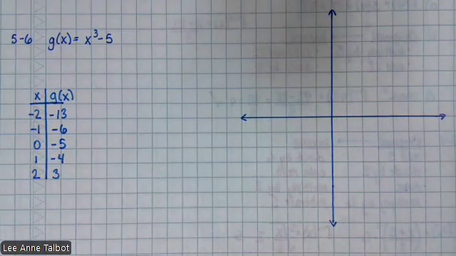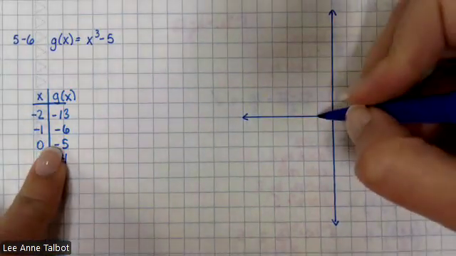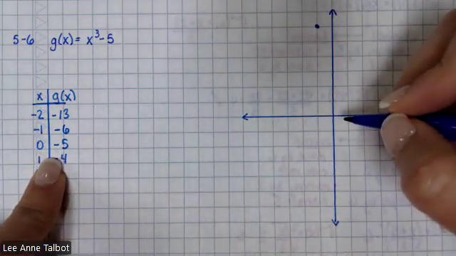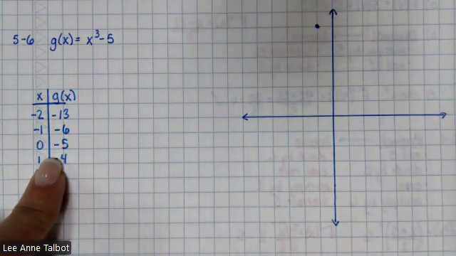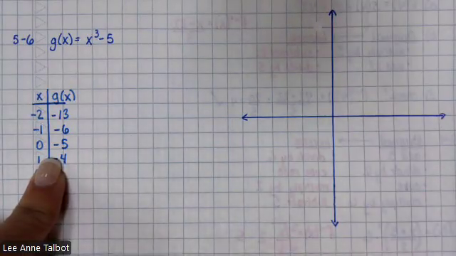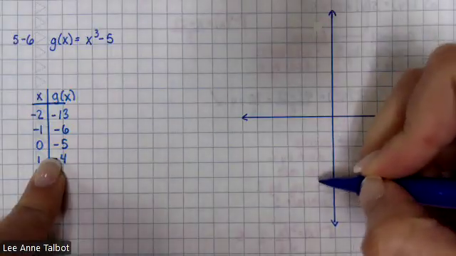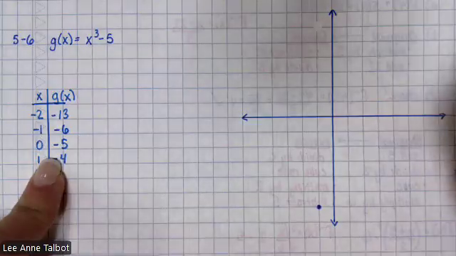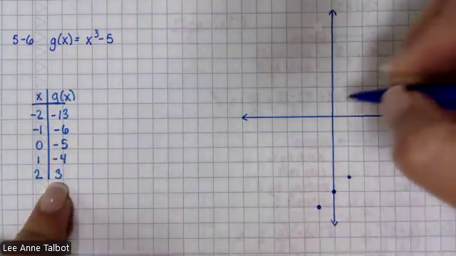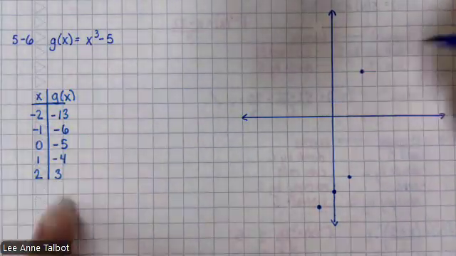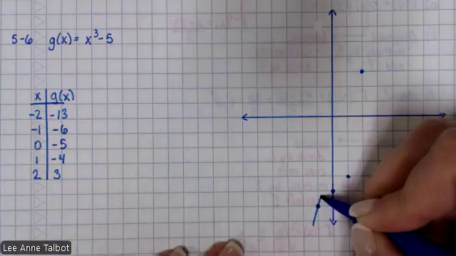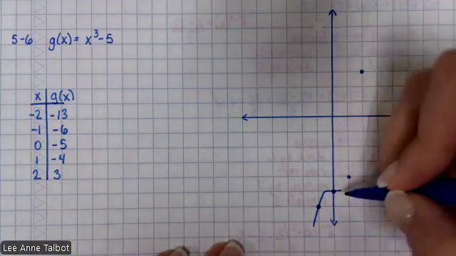Okay, so I'm going to start with this point, -1, -6. I made a mistake, I'm trying to blame you. Then 1, 2, 3, 4, 5, 6. 0, -5, 1, -4, 2, 3. So when you graph this, come up here and then make the flat bit at the inflection point.